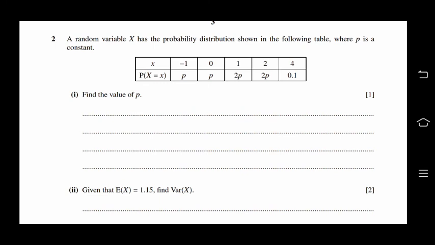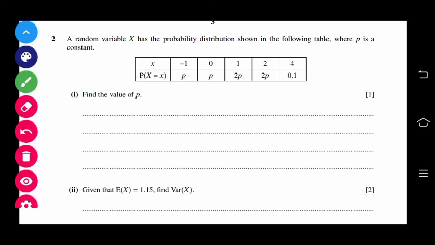It's a simple question. So to find the value of p, what we can do is add all the probabilities, like p plus p plus 2p plus 2p plus 0.1, and you know that is equal to 1, which is the total probability.